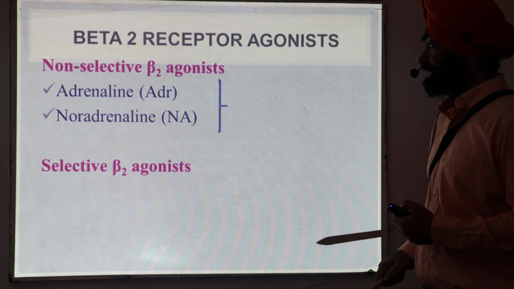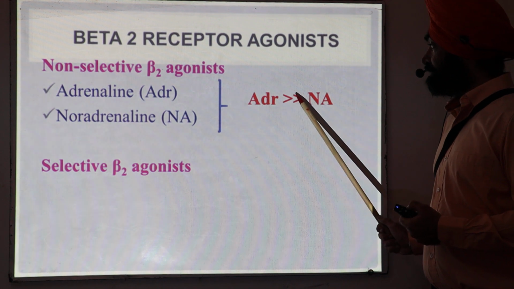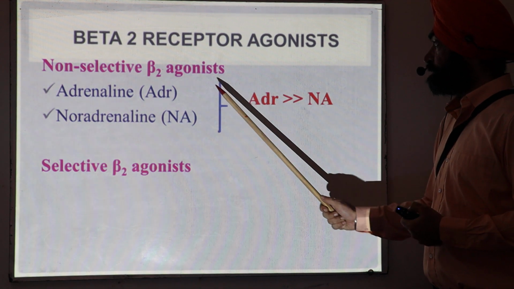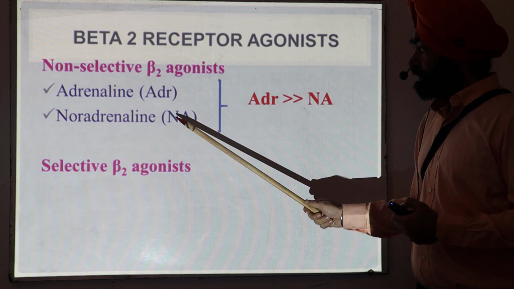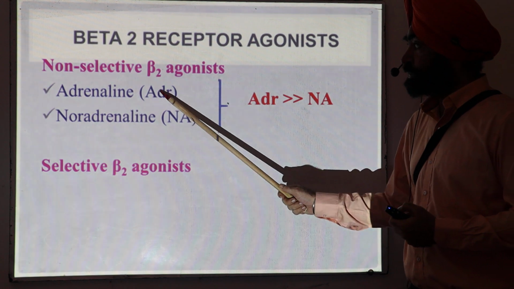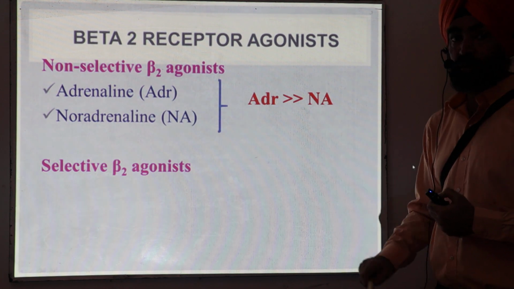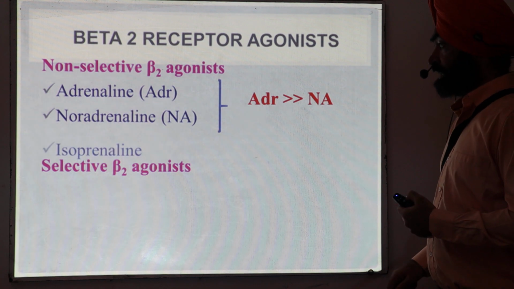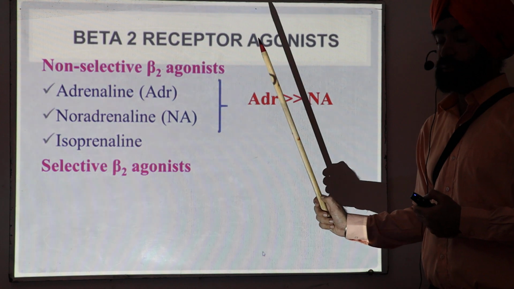Adrenaline is much more active at beta 2 in comparison to noradrenaline, which does not activate beta 2 much. Then isoprenaline activates both beta 1 as well as beta 2.